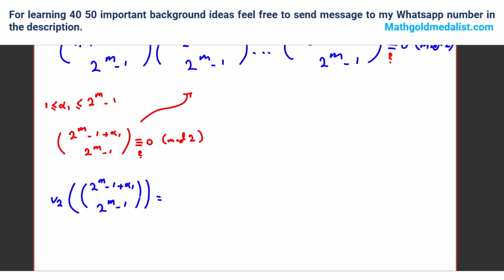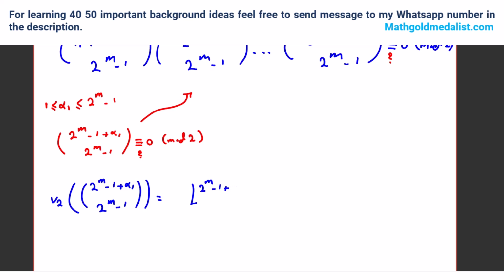Is it like floor of 2 raised to m minus 1 plus alpha 1 over 2, and then plus that?